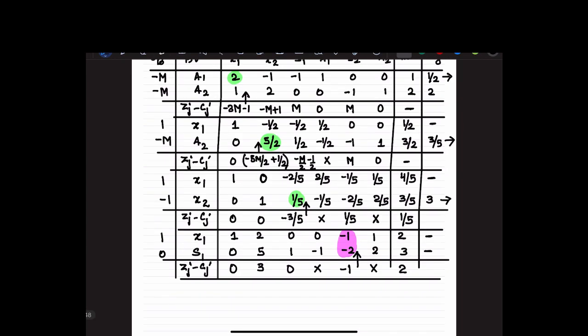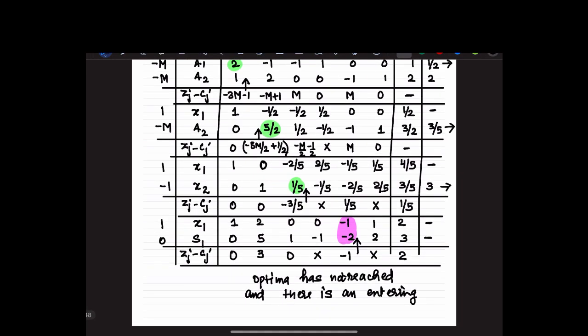So now we have a case where we see optima has not reached and there is an entering variable but there is no leaving variable.